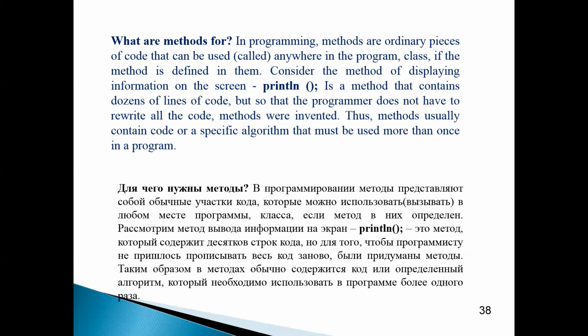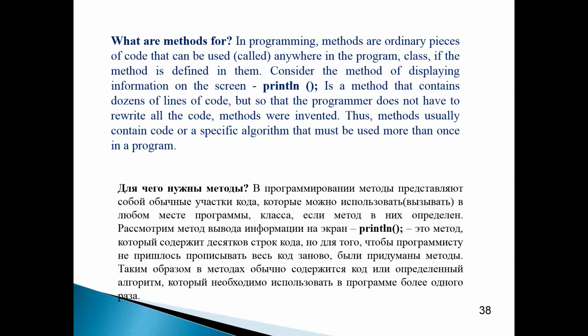What are methods for? In programming, methods are ordinary pieces of code that can be used or called anywhere in the program class if the method is defined in them. Consider the method for displaying information on the screen, println, round brackets.